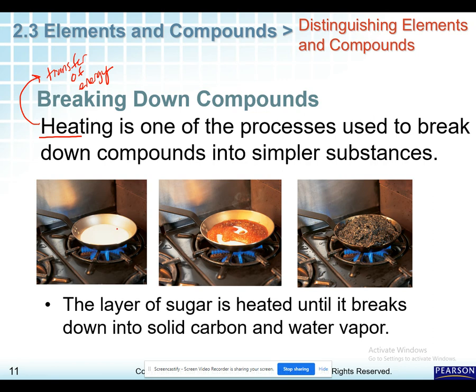Eventually, the sugar is going to start breaking down, and when it breaks down, the hydrogen and oxygen inside of it are going to make water vapor. And this water vapor is going to keep going out into the air, till eventually the only thing left behind is some carbon. So here we have carbon left over, and hydrogen and oxygen went into the air as water vapor.